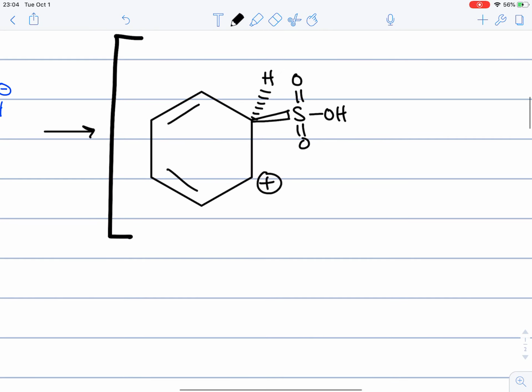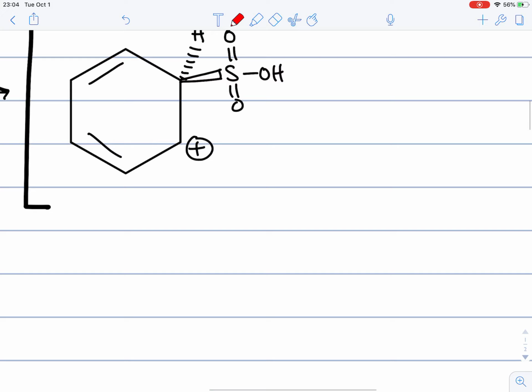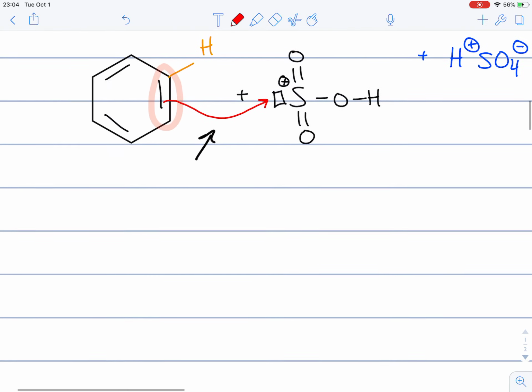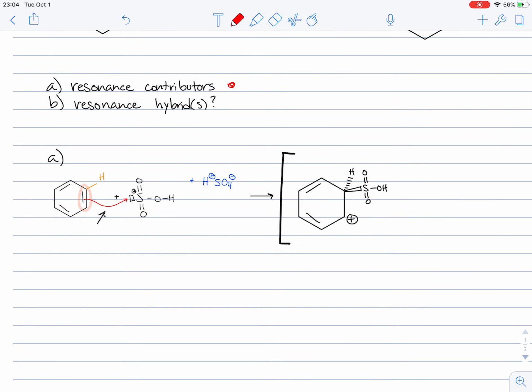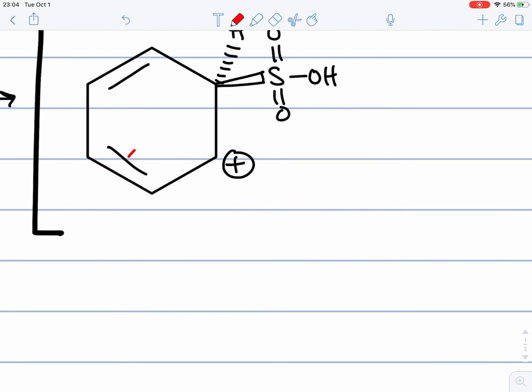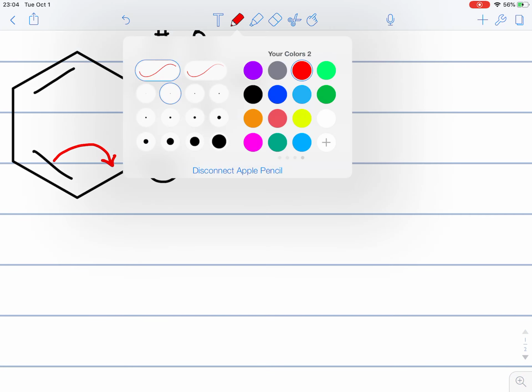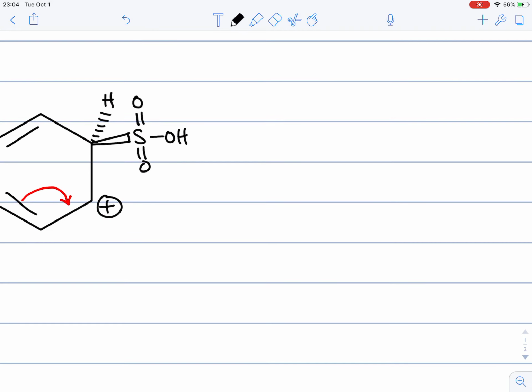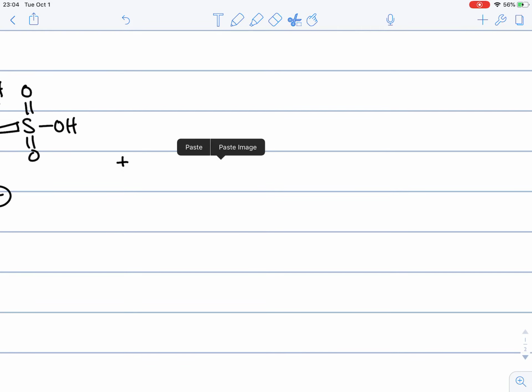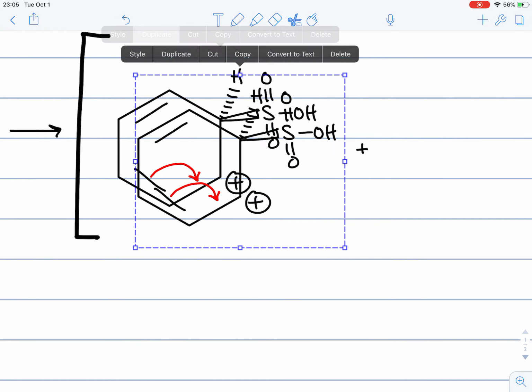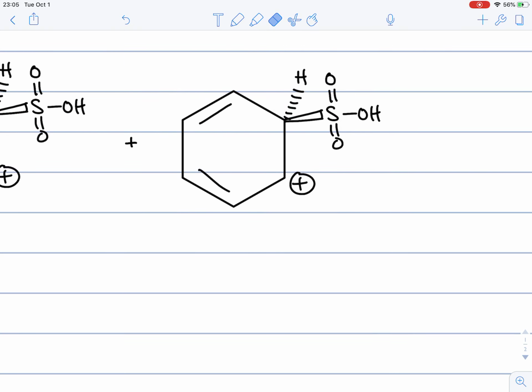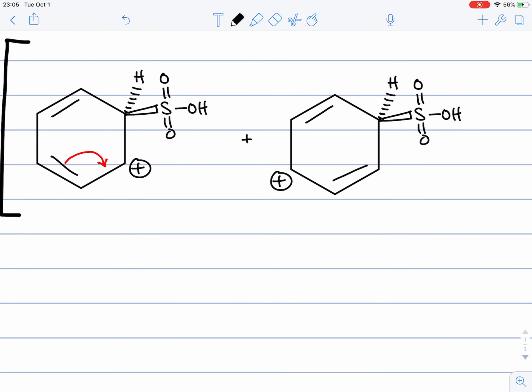So when we start off, because we have to draw resonance contributors, we draw the resonance structures. So the carbocation moves over here, and we draw the pi bond right there, because it resonated.